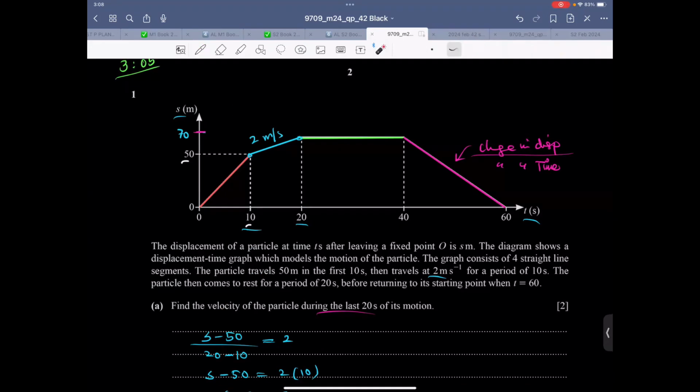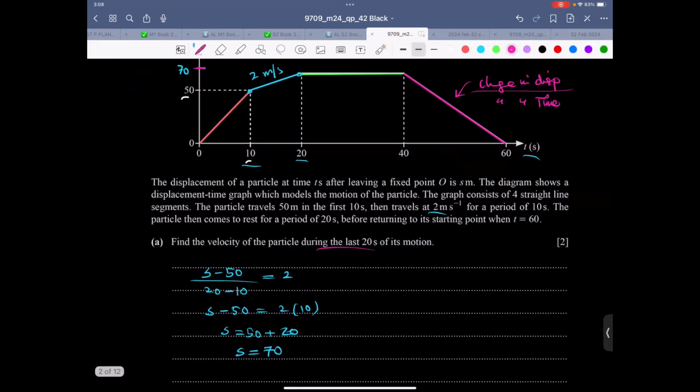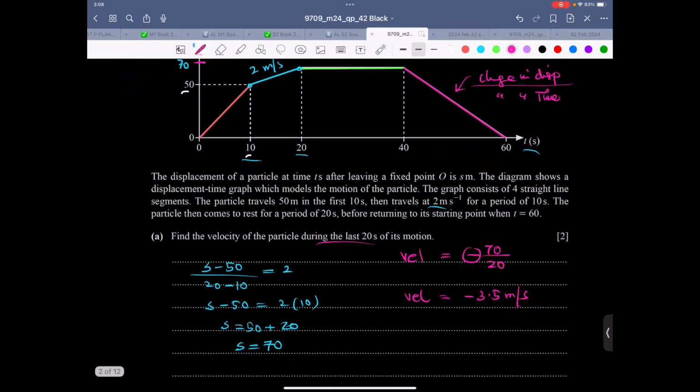So now the change is from 70 all the way till 0, and the change in time is 20. So therefore, the velocity is 70 divided by 20 with a negative sign, because we can see that the slope is negative. So this comes out to be negative 3.5 meters per second. That is the velocity for the last part.